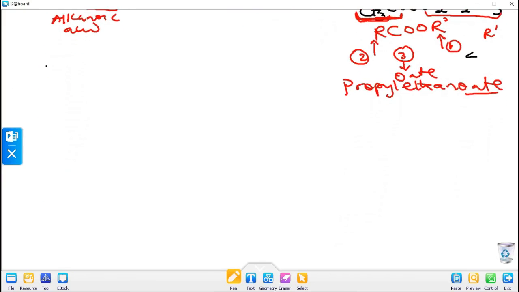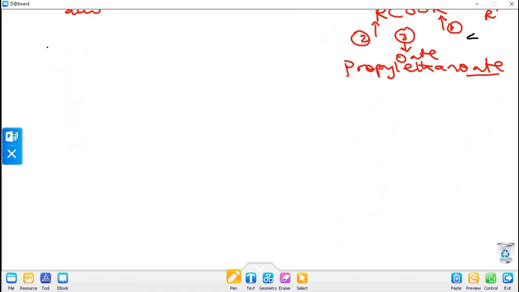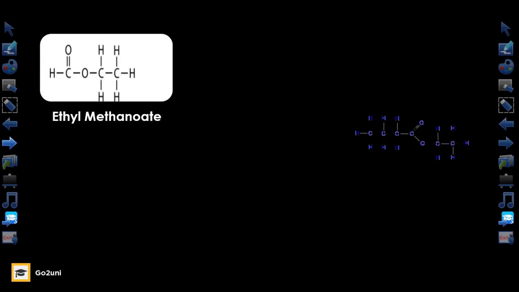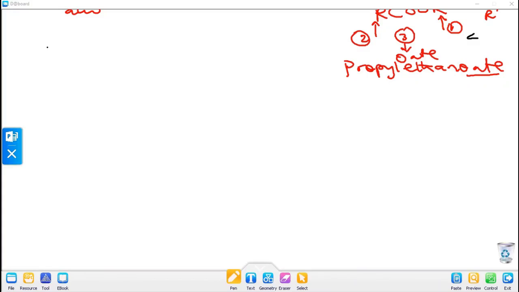So let's take a look at this. Why is this compound called ethyl methanoate? Let us understand why, and that will help us to name other compounds.